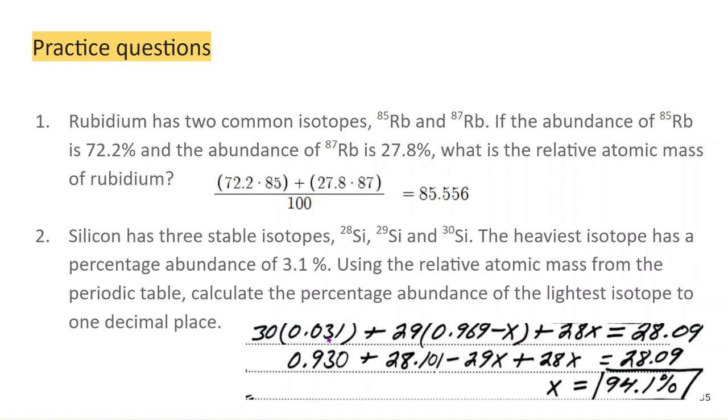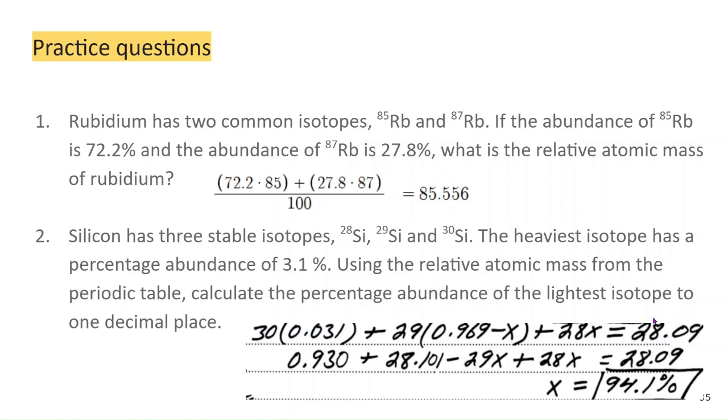So we have our heaviest isotope, silicon-30, times its abundance, plus the abundance of silicon-29, plus the abundance of silicon-28, and it's going to equal what you found on the periodic table.